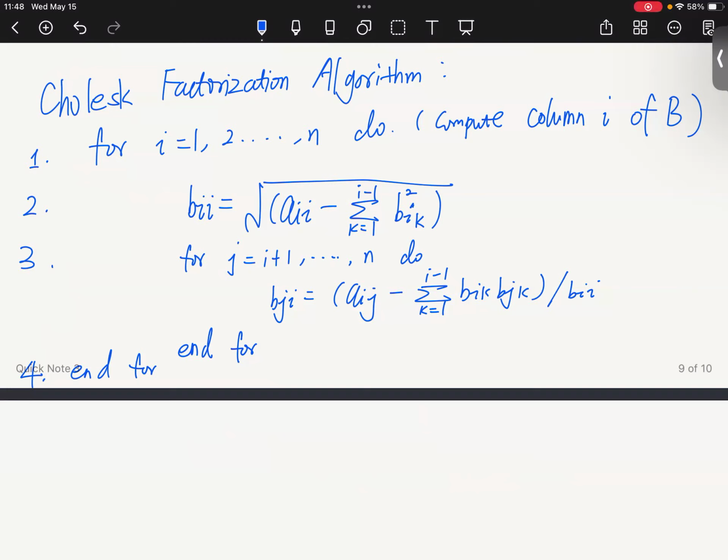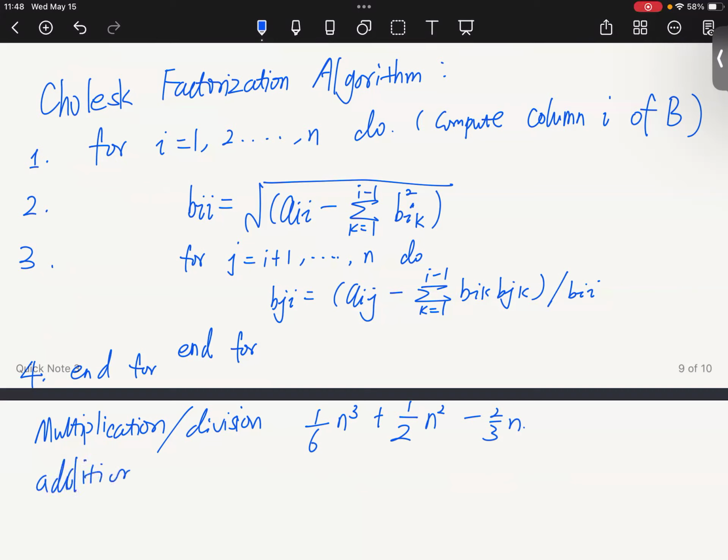We have multiplications or divisions, and the number of multiplications and divisions we need for this Cholesky factorization is 1/6 n cubic, plus 1/2 n square, and then minus 2/3 n. And for the additions and subtractions we need 1/6 n cubic and then minus 1/6 n.